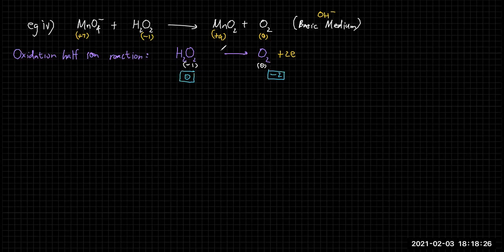Therefore, to balance, I have to put 2 OH minus here, because here -2, here no charge. And finally, balance hydrogen atoms using water. I have 4 hydrogen atoms on the left side, so I need to put 2 water molecules on the right side. Reaction is balanced.